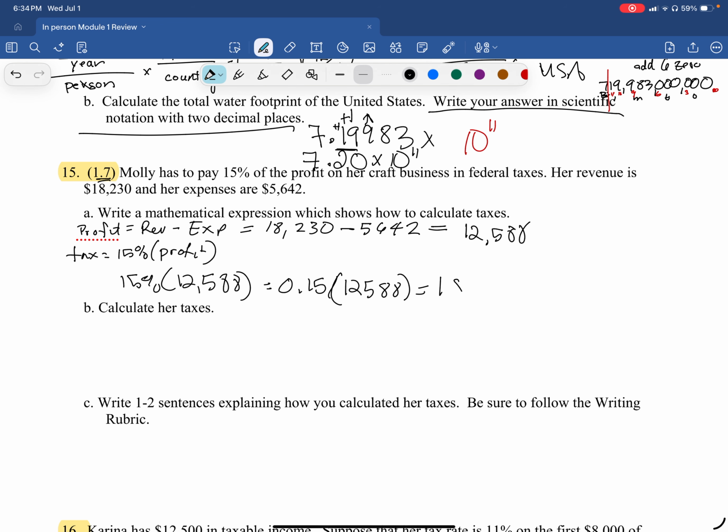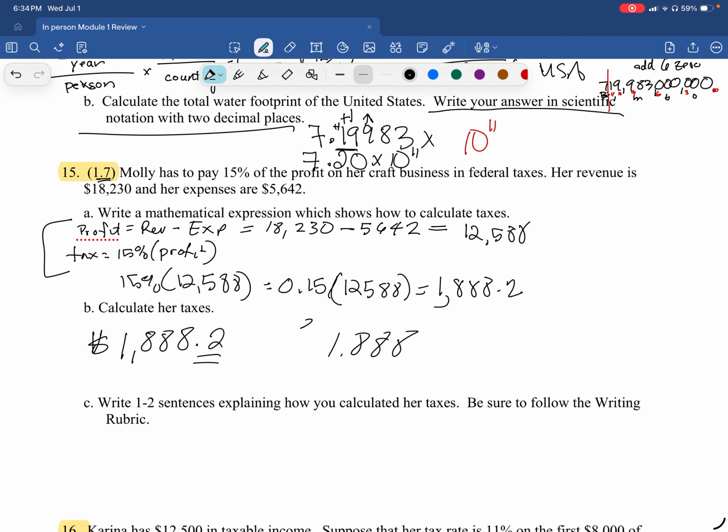And that equals 1,888.2. Oh, well, I guess that was the math, and that was me calculating. So it's 1,888.2, but when you fill in your taxes, they often want to ignore that. So it's just 1,888.